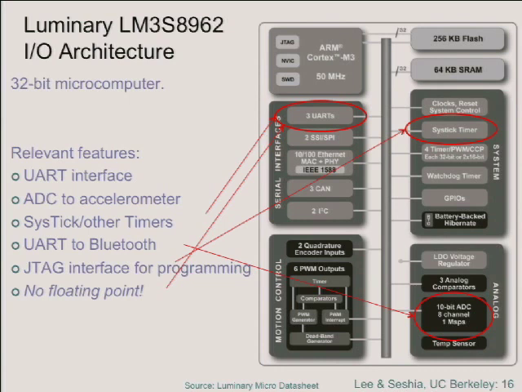Then polling in your software means you ask the A to D converter by reading a memory mapped register: is the conversion complete? If it's not, I just wait. I just spin lock. I execute nothing until the register tells me it's ready. Then I read the value and I process it.